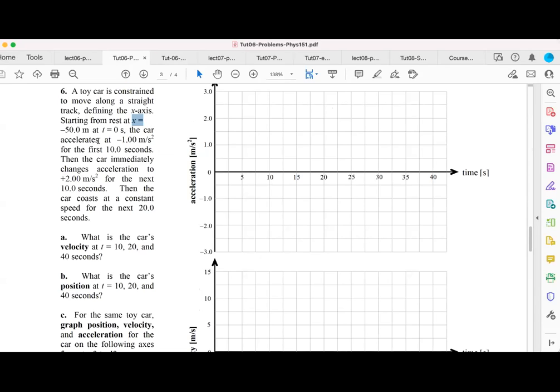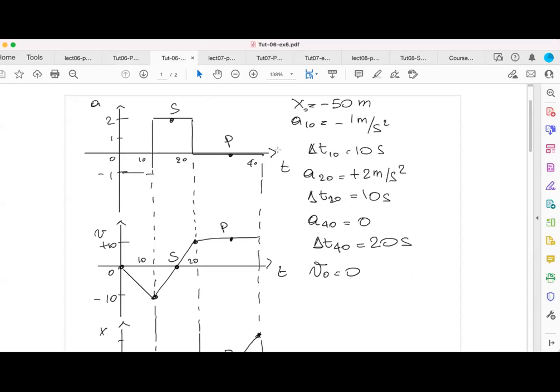Then the car accelerates at minus 1 meter per second square for the first 10 seconds. So again, here, a in the first 10 seconds is minus 1 meter per second square. And delta t, because initial time is 0 and final time is 10 seconds, is equal to 10 seconds.